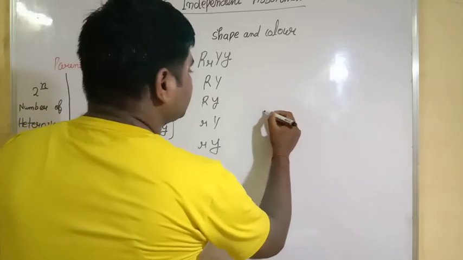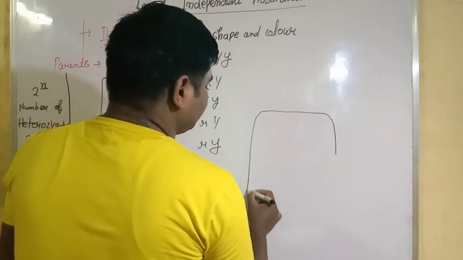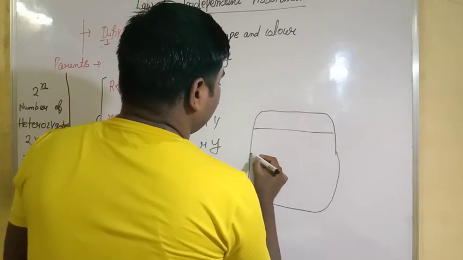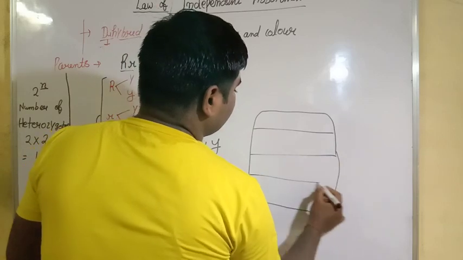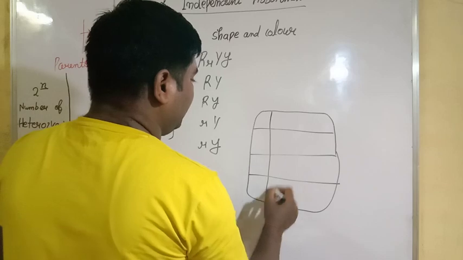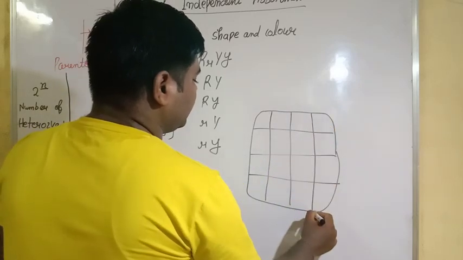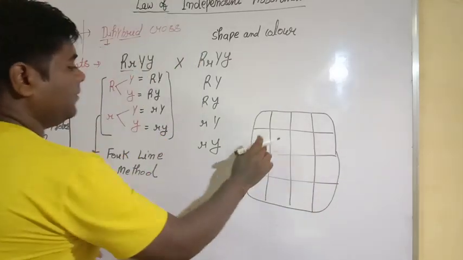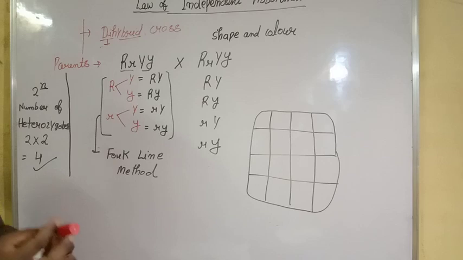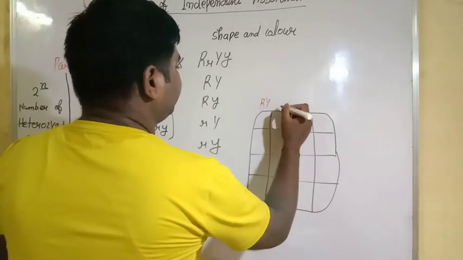So make a Punnett square, because we have 4 factors here, 1, 2, 3, 4, and 4 in this way, 1, 2, 3, 4. So 4 times 4, we have 16. You have to place them simply.